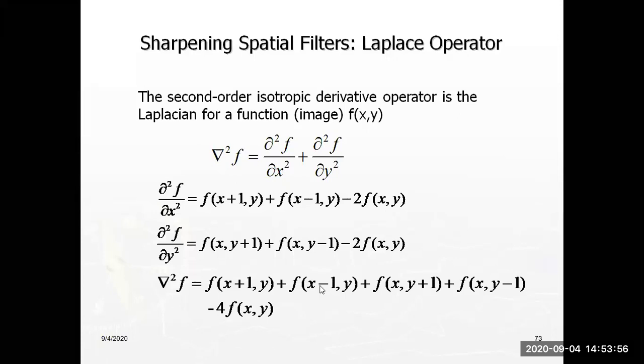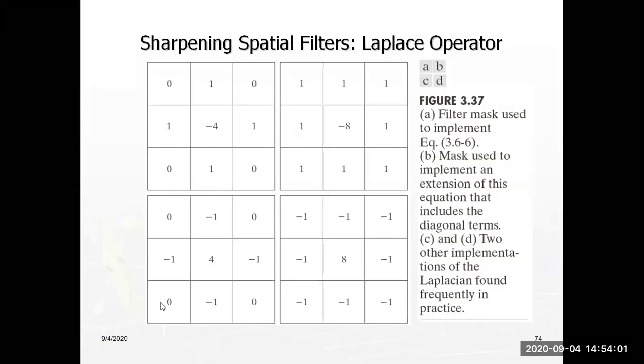And if you combine, the expression will be like this, and using this expression, we can form the first mask like this, and it is extended with the remaining values also 1. So that means -4 becomes -8, and the remaining also 1. We can also change the coefficients: take the center value as 4 and the remaining diagonal values 0, and the left, right, up and down neighbors are -1, and again extended to the next one.